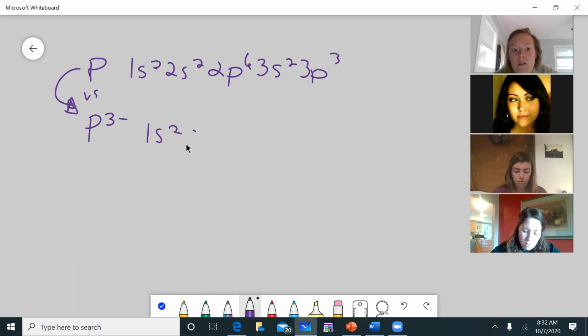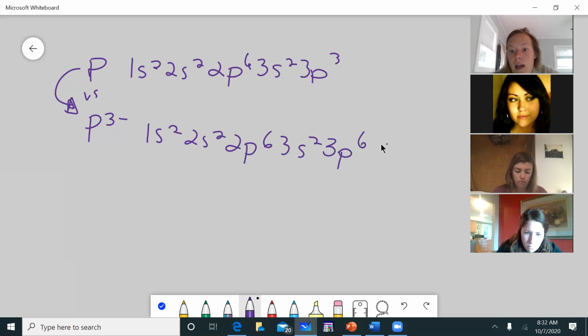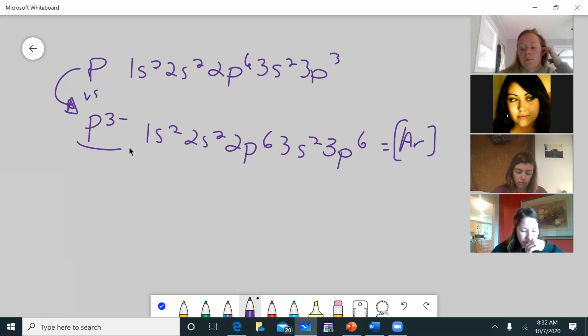So we get 1s2, 2s2, 2p6, 3s2, 3p6. It actually now has the electron configuration of argon. So you know you've done the ion's configuration correctly if it is in fact like a noble gas. You won't have one of these become something that isn't a noble gas.